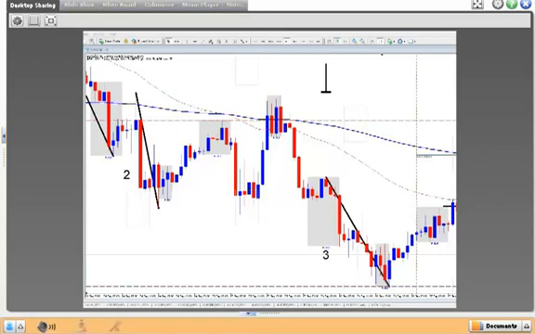What that means is it opens the door to possibly a failed push. If there's a failed push, then we're going to see continuation down. So it's not as straightforward; we're going to have to stay open-minded and trade both sides of the manipulation during the high probability times. In my opinion, I kind of like those days more because they open up a bit more possibility.